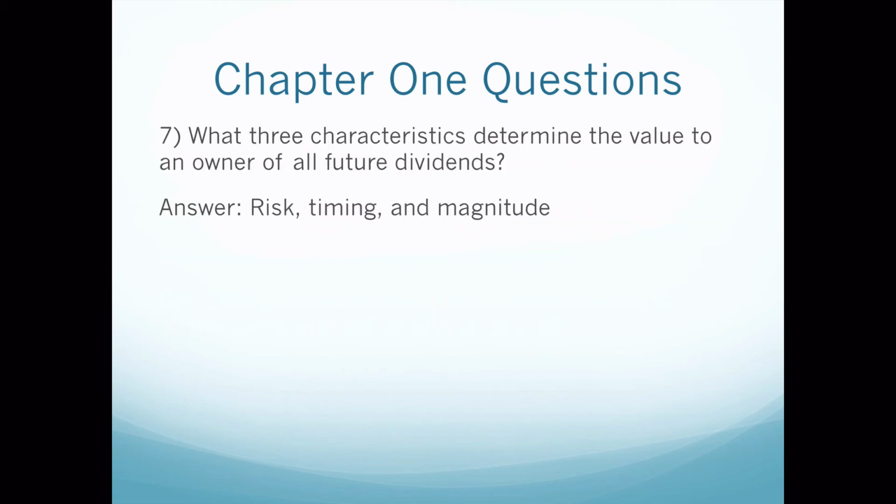What three characteristics determine the value to an owner of all future dividends? If you look in the book, we have risk, timing, and magnitude. The riskier a cash flow is in the future, the less it's worth today. If we were to think about the lottery, you can spend $1 to win up to $1,000 on a pick 3. It's risky, but it's not nearly as risky. I think it's 1 in 10,000.